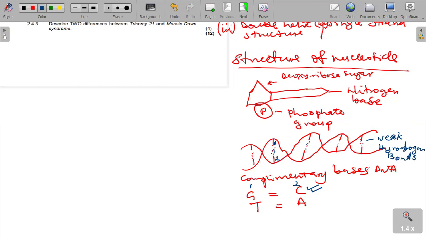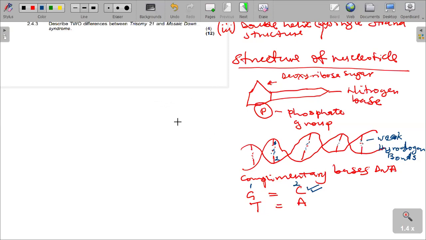The weak hydrogen bonds are found in between complementary bases. These bases are joined together by a weak hydrogen bond, which is weak in order to allow for DNA replication, which is another subject to discuss.